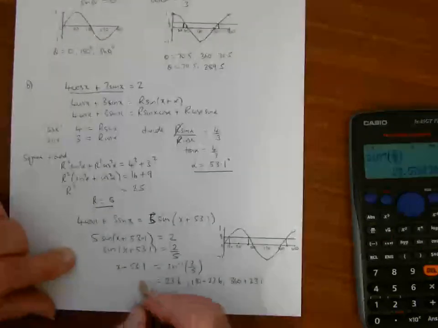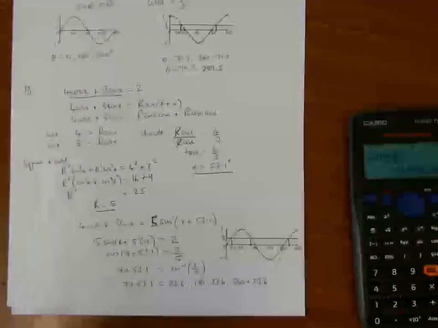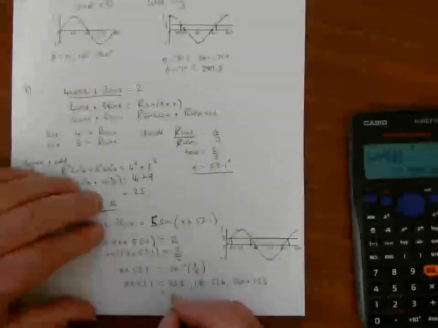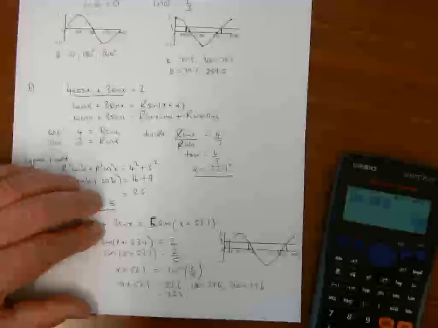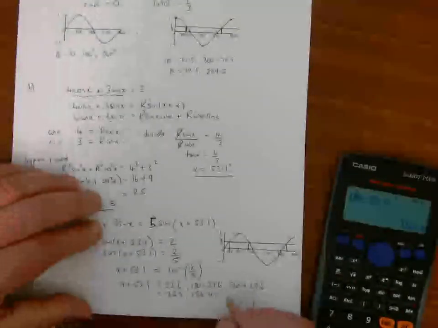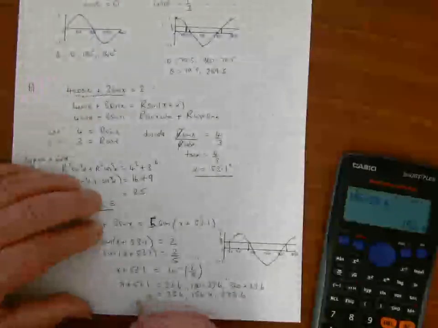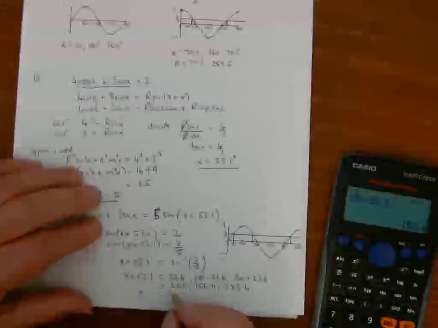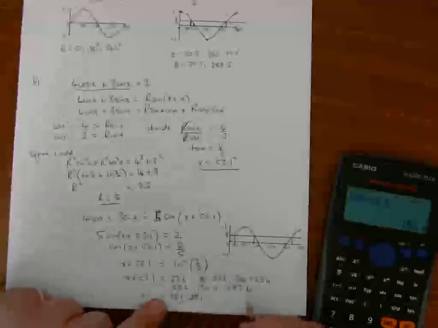So that's what x plus 53.1 is, and then each of these I'm going to have to subtract 53.1 away, so let's just evaluate them first. 180 take away 23.6, that's 156.4. That's 383.6. So x is, right, so this first one, 23.6 take away 53.1, that's negative, so that's out of the range, so that one is gone.